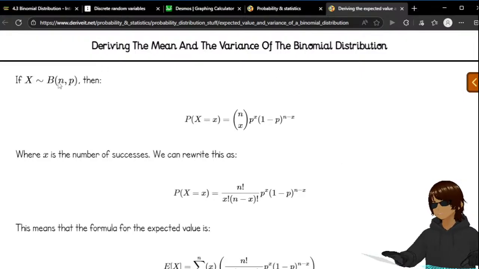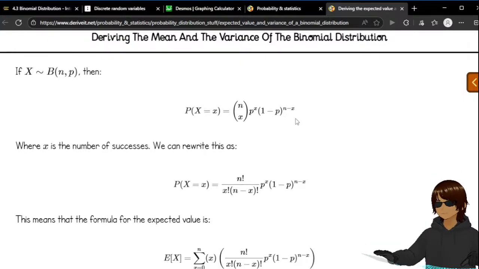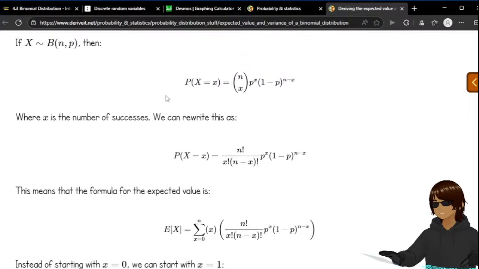So x is binomially distributed. We represent it like this. Then the probability that X is equal to x is n choose x, p^x, times 1 minus p, the probability of failure. x is the number of successes.